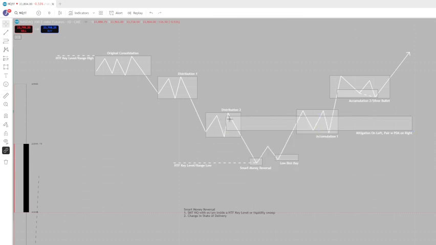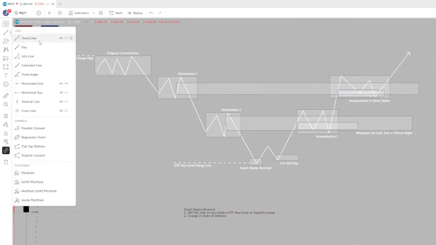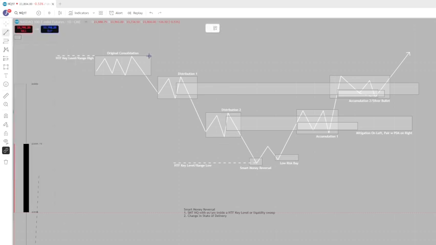So some type of mitigation in here or a breaker, and then on the right side you look for a fair value gap in here, and that's how you enter. The same entry would be on here. You'd find this mitigation block, go to the right side now, and you get your fair value gap right here. So silver bullet, enter, and target their original consolidation.